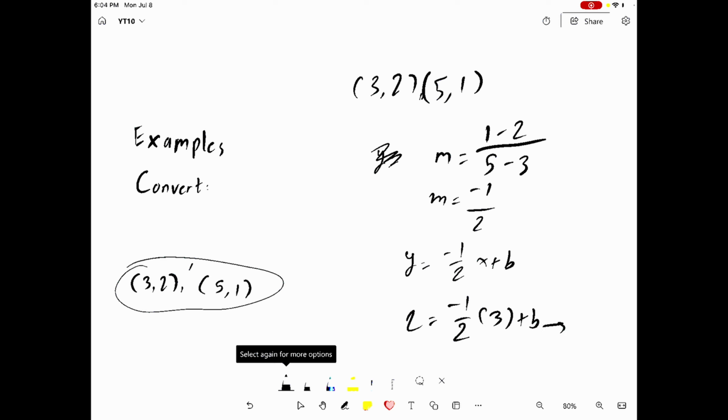So 3 times 1/2 is -3/2. And 2 plus 3/2, look at the top left corner of your screen now so you can see it, 2 plus 3/2 is equal to 7/2, and that's equal to b. So our final equation would be y is equal to -1/2 x plus 7/2.